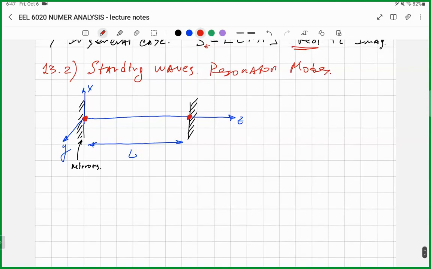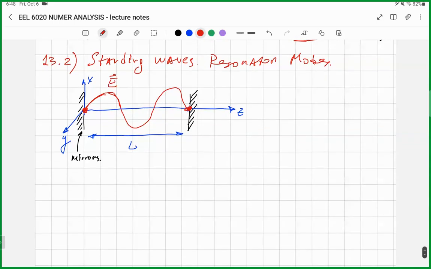And the electric field between these mirrors can exist only in the form of a standing field like this, right? Sorry for my drawing, but this is the point. The electric field gets 0 on both walls. The magnetic field, of course, also exists between these mirrors and oscillates somehow, and we're going to define the magnetic field from this assumption.